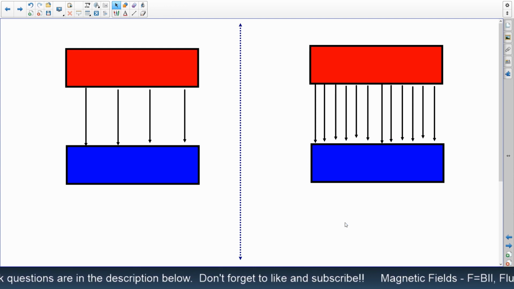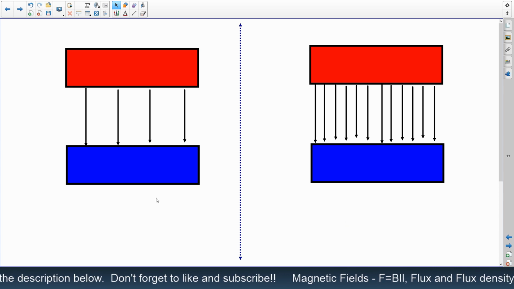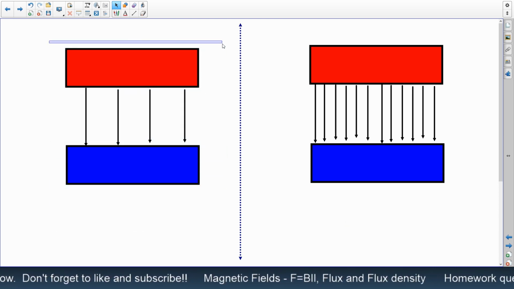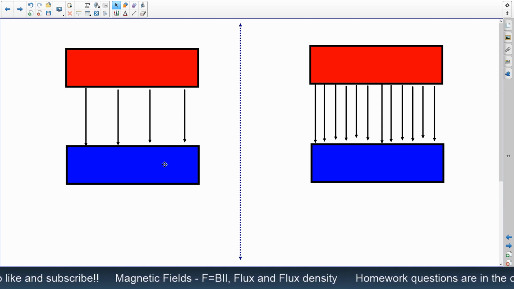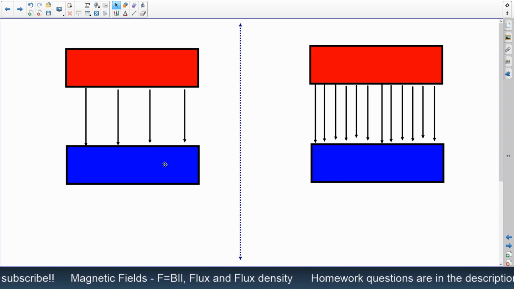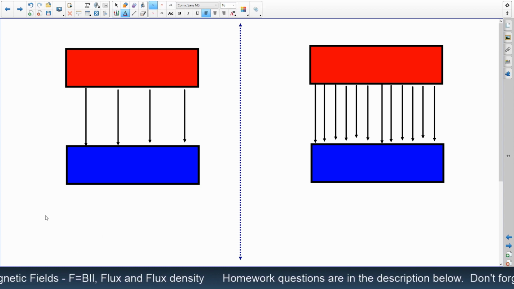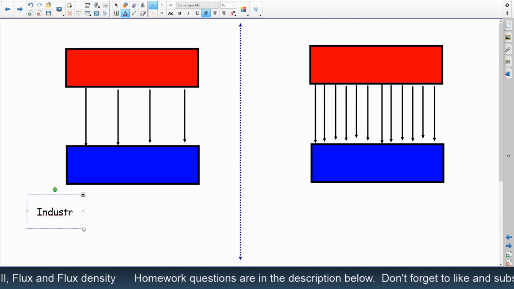Well, it might be that the two authors just have different ideas as to what magnetic strength is, because this could be a particularly strong magnet in reality, but it might be that in the context of the book, it's a weak magnet compared to the other magnets that this author might be discussing. So say this author here is maybe discussing industrial magnets.